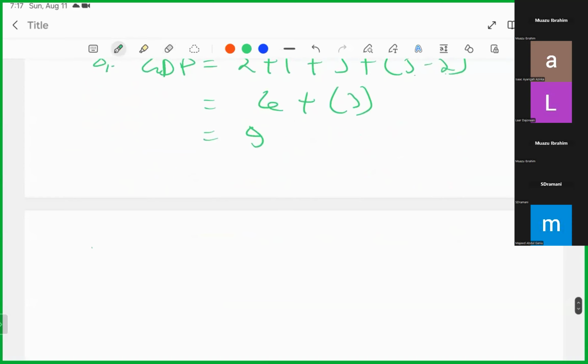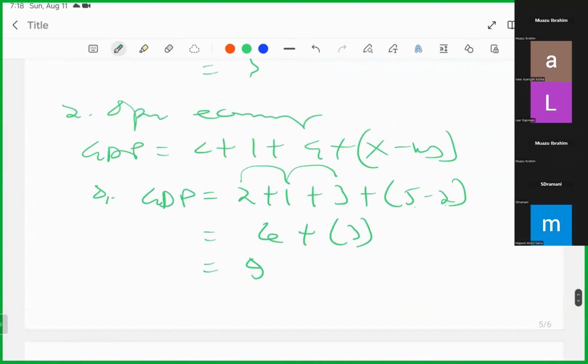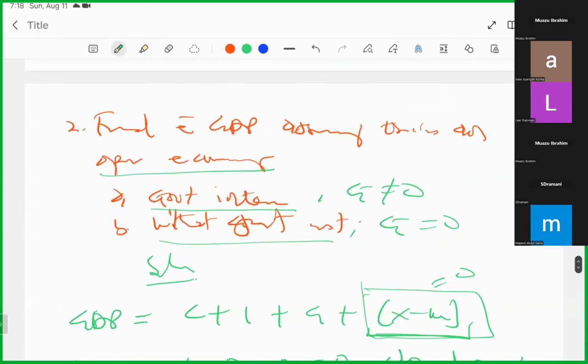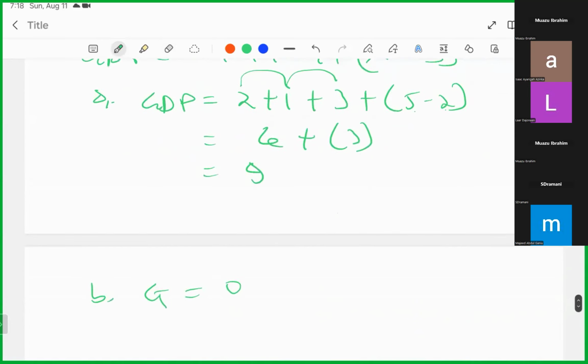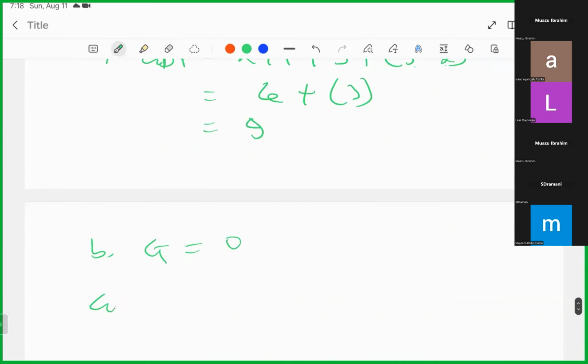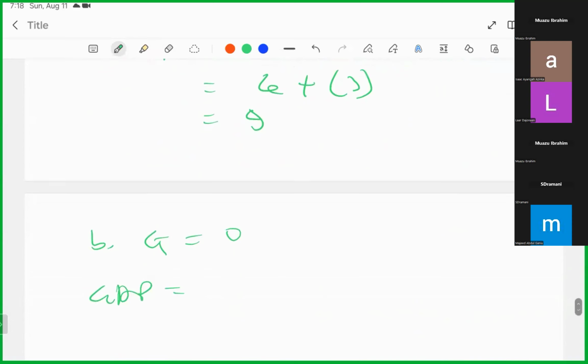So now the second part is talking about without government intervention. It means that G is equal to 0. So here it basically means that we will find the GDP without government expenditure.